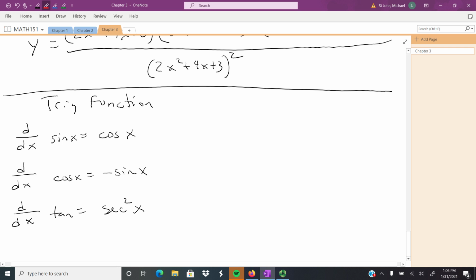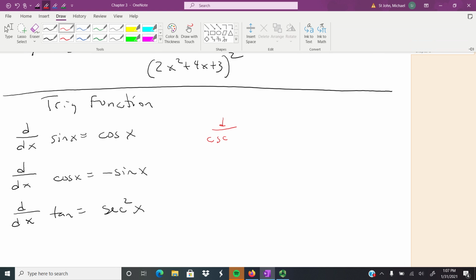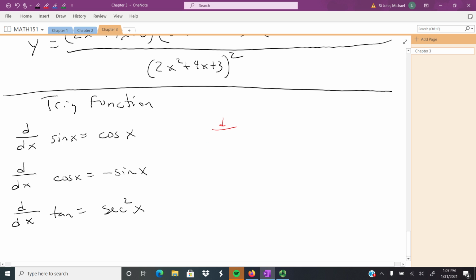And so now let's do the other ones. The derivative of cosecant is going to be minus cosecant x cotangent x.